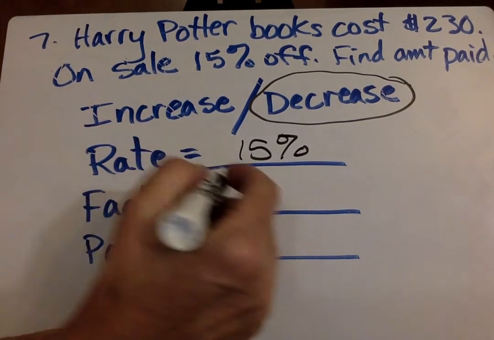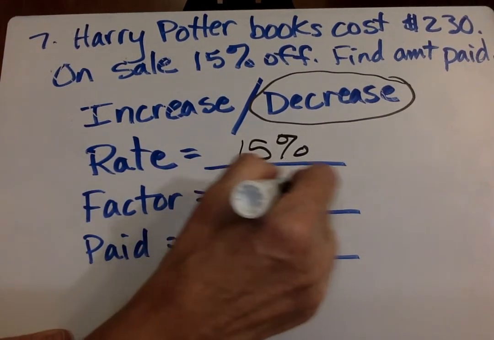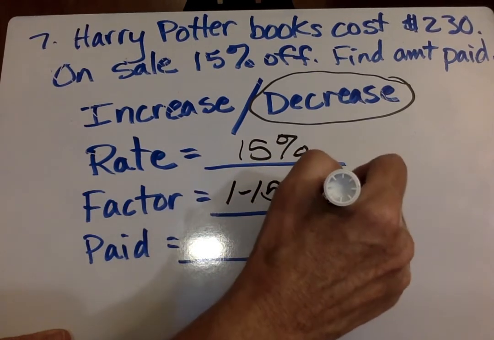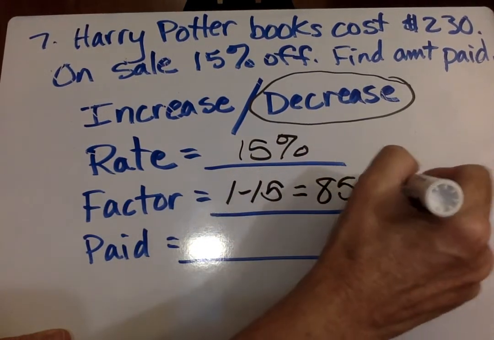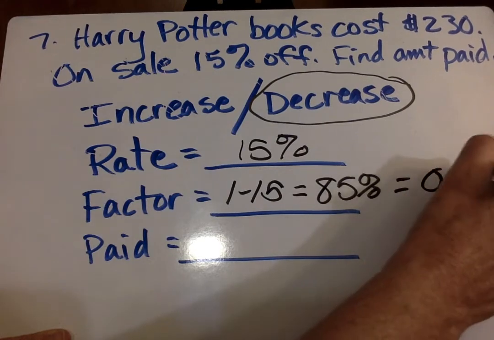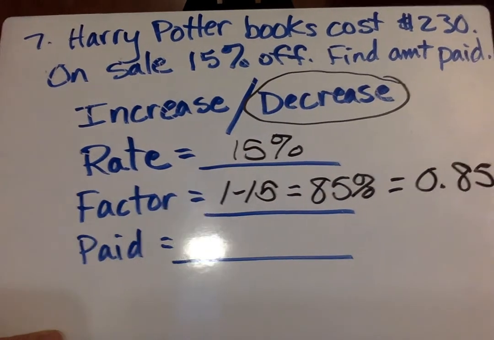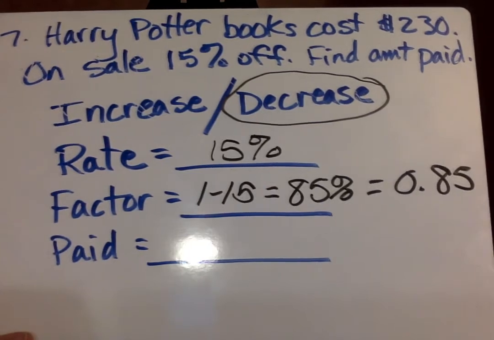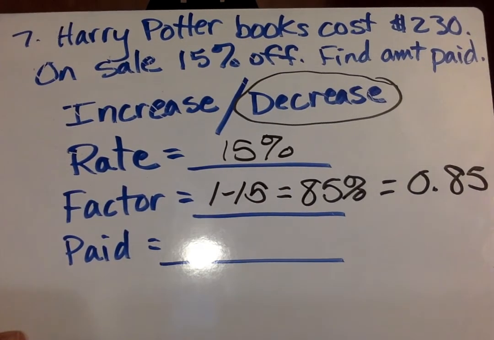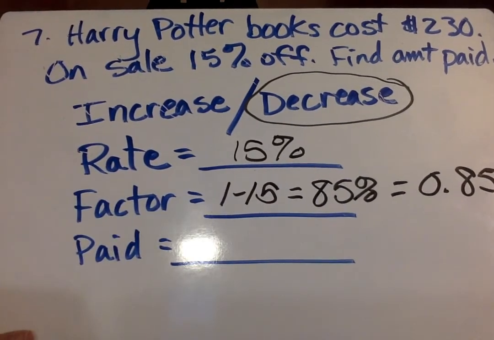So our factor is 1 minus 15%, which equals 85%, and we change that to a decimal. So the amount that you pay is going to be 85% of the amount, okay?